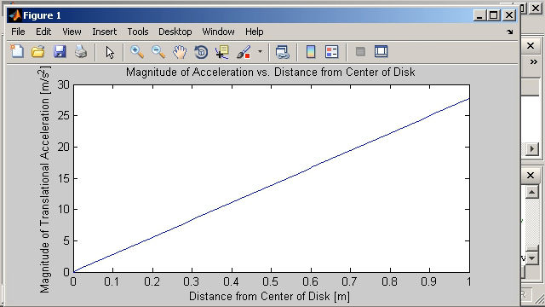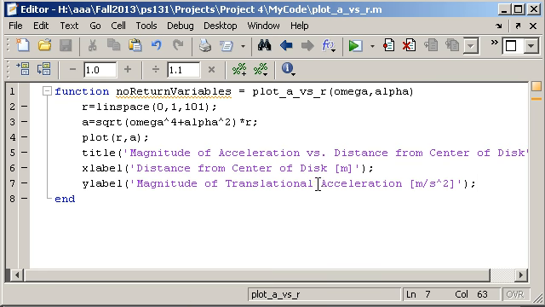Take a look at the figure. Magnitude of acceleration versus distance from center of disk. Magnitude of translational acceleration in meters per second squared. Distance from the center of the disk. I don't like the fact that this is running beyond the height of the graph, so I think I'll just call that acceleration.